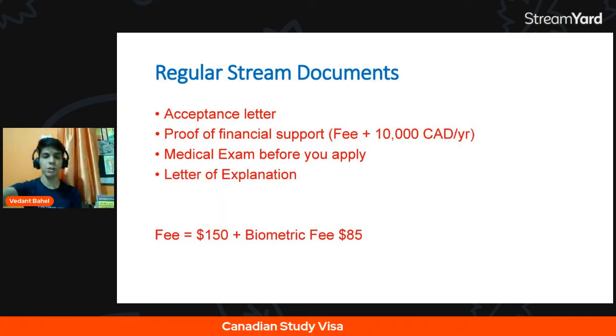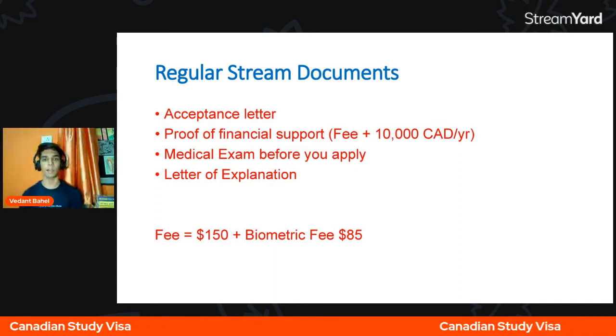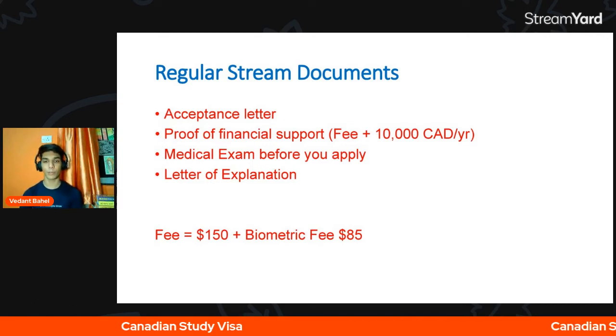The documents required for the regular stream are the acceptance letter, obviously, and proof of financial support. Here they're not asking you for proof of tuition fee payment or a GIC, but you still need to prove that you have financial support. You can show your bank account, your assets, FDs and everything, and a support letter from your parents or a scholarship letter and so on.